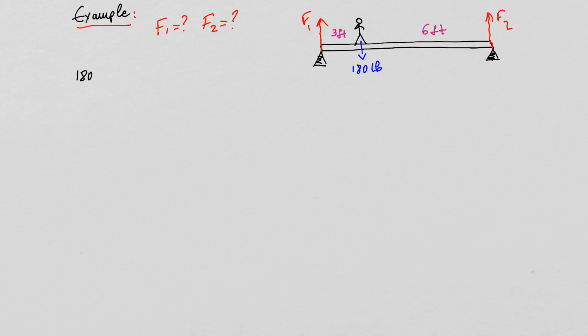So 180 pounds is equal to F1 plus F2. And that is the first condition of equilibrium.